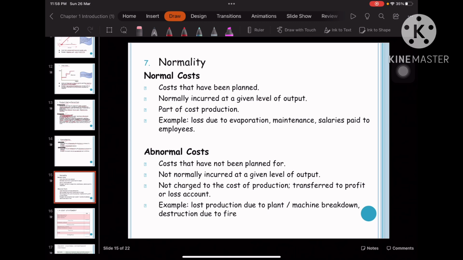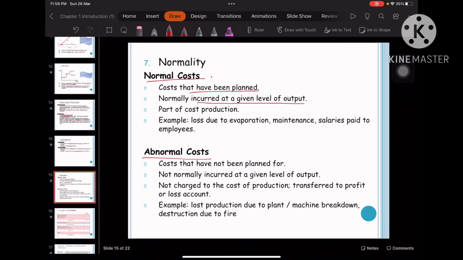Alright, so number 7, costs are going to be rated according to their normality. The first one is normal cost, and the other one is abnormal cost. So what is a normal cost? Normal cost is the cost that has been planned, which will be incurred at a given level of output.